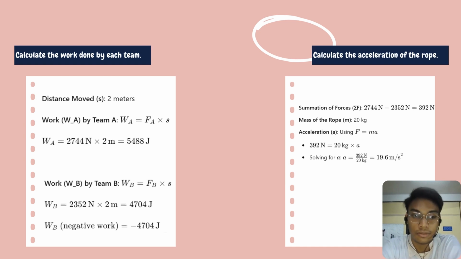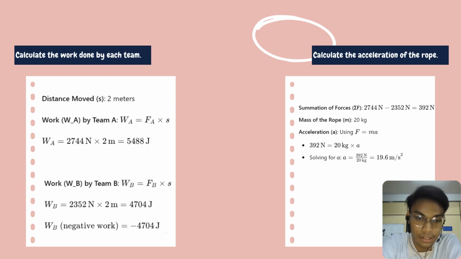Okay, now calculate the work done by each team. The formula for the work is force multiplied by distance. The statement already gave the distance, which is 2 meters. So the work by Team A is 2744 Newton multiplied by 2 meters, and the answer is 5488 Joule.